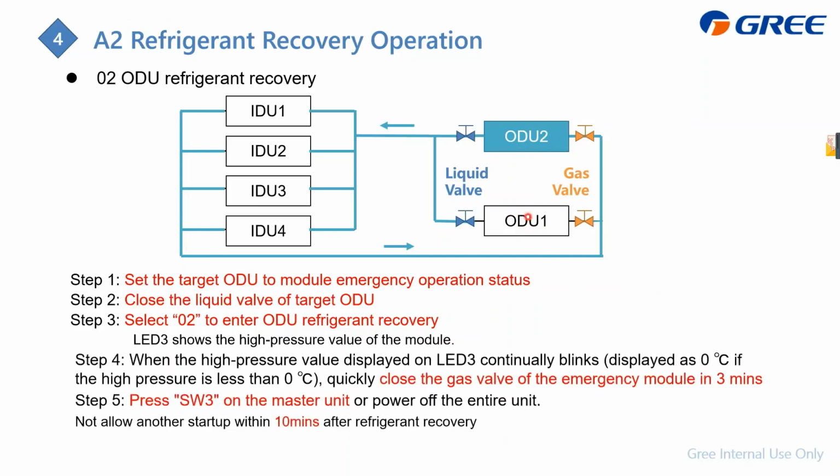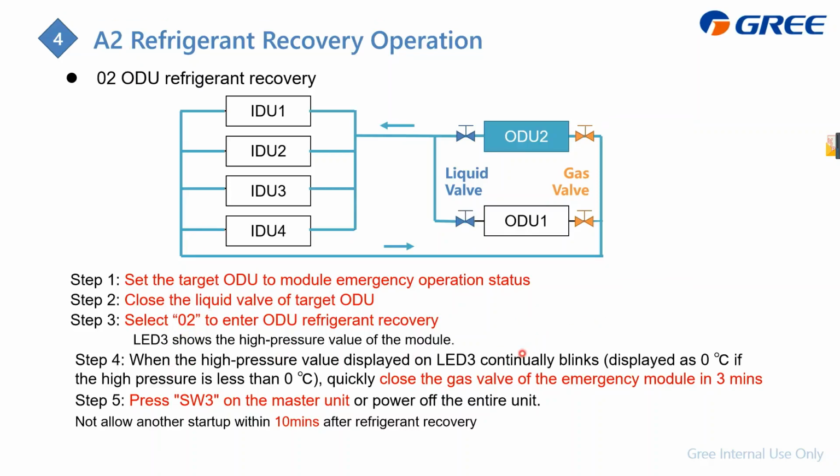in emergency mode and close the liquid valve. Close the liquid valve of this outdoor unit, and then we should select A2 and select 02, and then here the LED3 shows the high pressure value of the module.